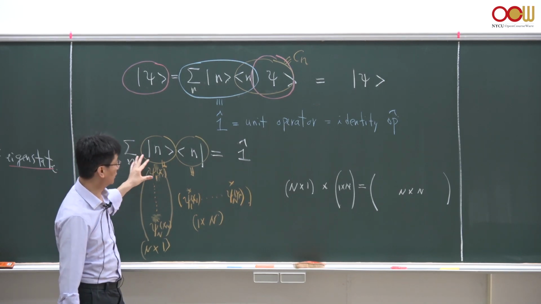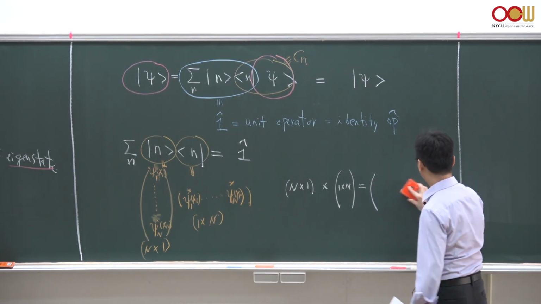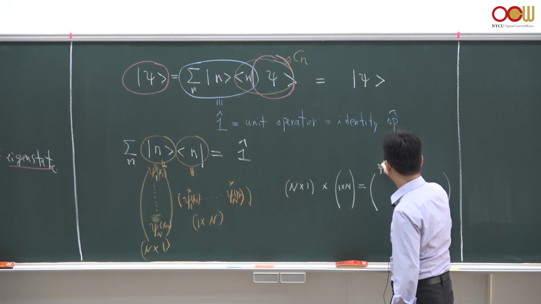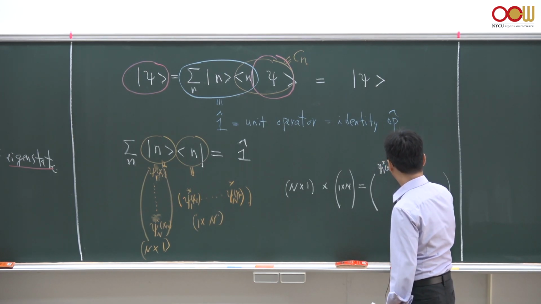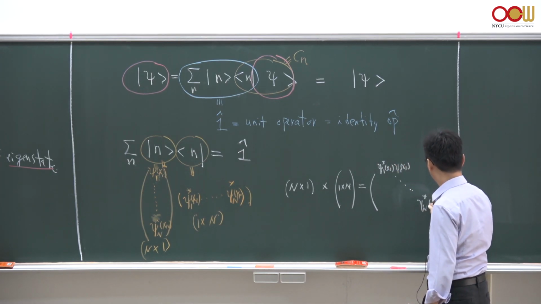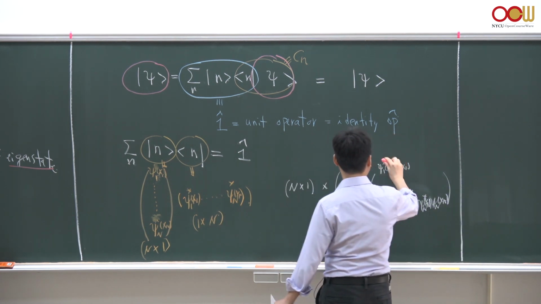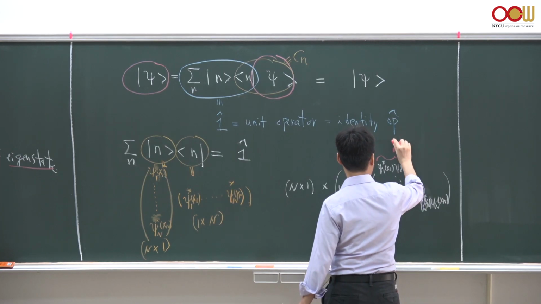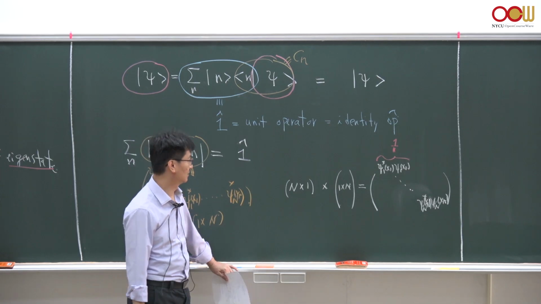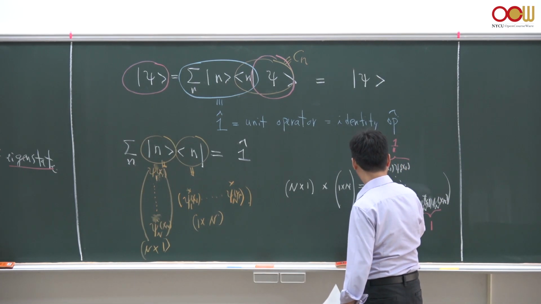And what are the matrix elements of this n by n matrix? Well, it is given by the diagonal matrix elements psi 1 star psi 1 up to psi n star psi n. But you know very well that this is nothing but 1, isn't that so? And this is also 1. Of course, you need to divide it by the number of sites.